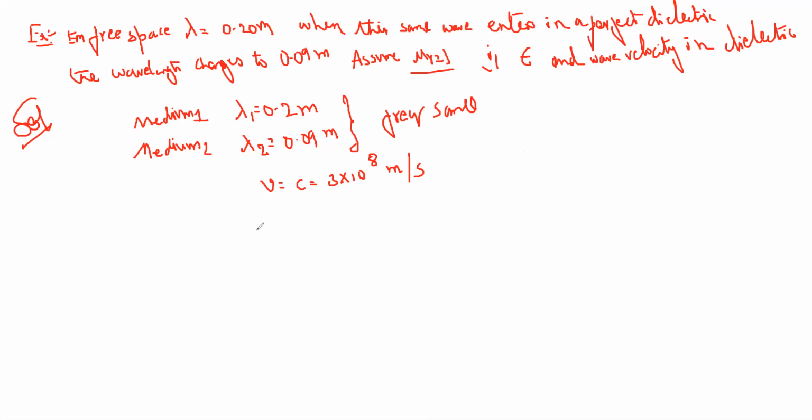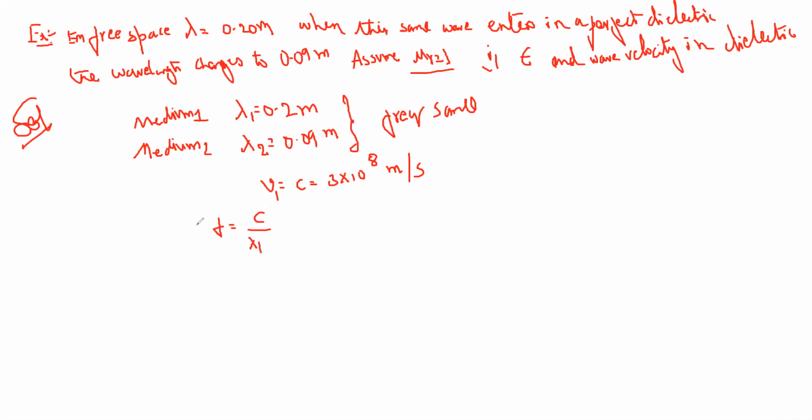So let us take this by V1. The velocity V1 is equal to C, 3 into 10 to the power of 8 meters per second in free space, and F is equal to C by lambda 1, the frequency.